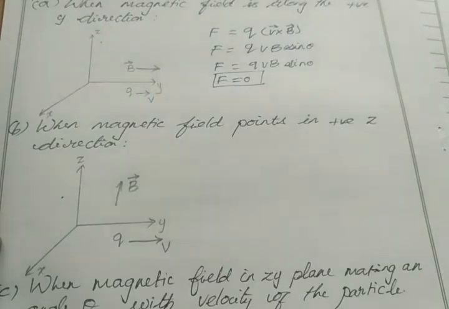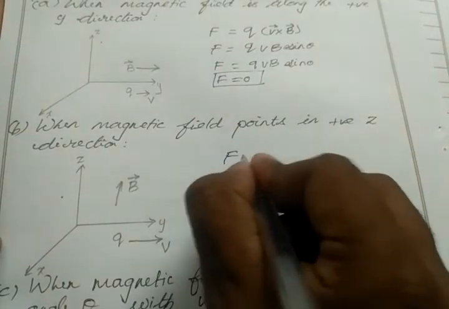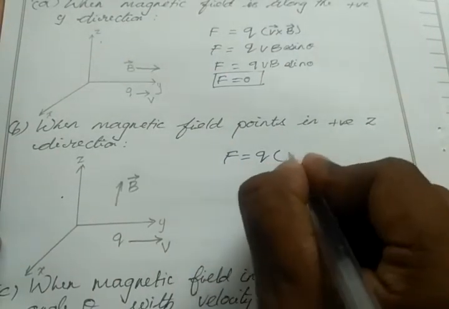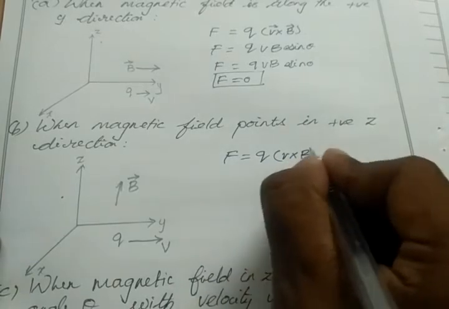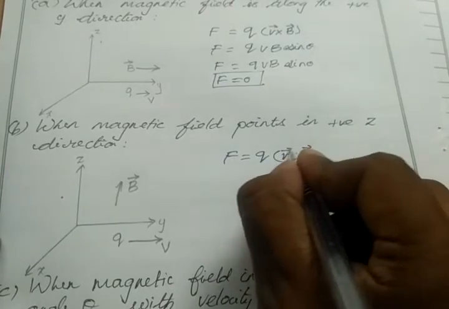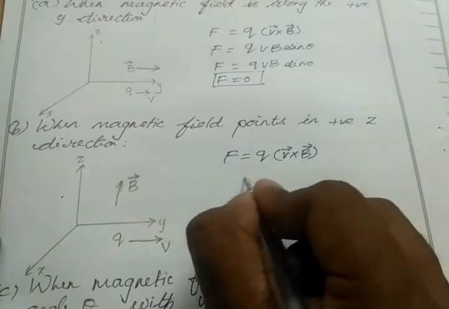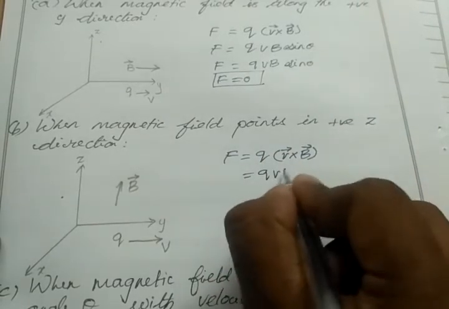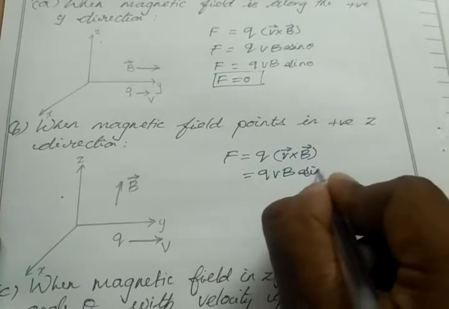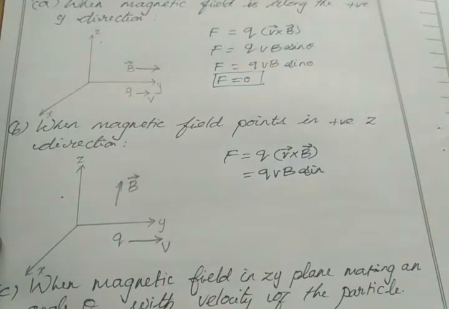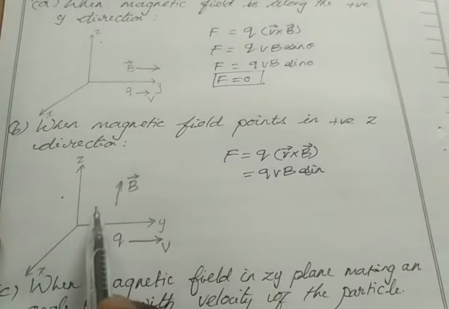Okay. So to find the Lorentz force, write the formula F equal to Q V cross B. So Q V B sine, what is the angle between V and B? So it is clearly known that my charge is moving in positive y direction, magnetic field is in positive z direction.